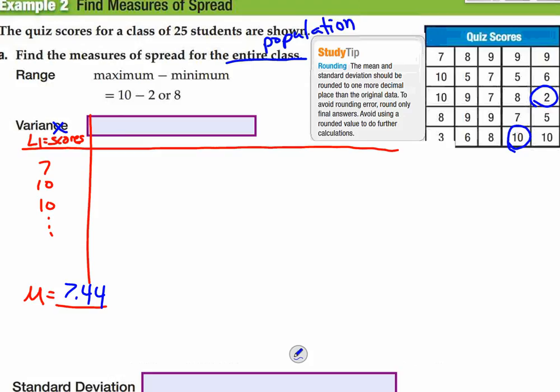So this is going to be x minus mu, and it's going to be list 2 equals x minus mu. If we just calculated that mean, by the way, your calculator now knows mu is 7.44, or x bar it would call it. So you can either use the symbol for mu, which is in the calculator, or you can use 7.44. For convenience, we'll just use 7.44.